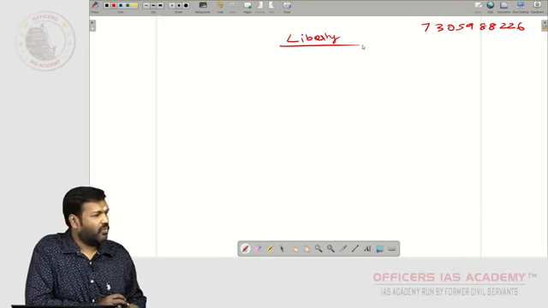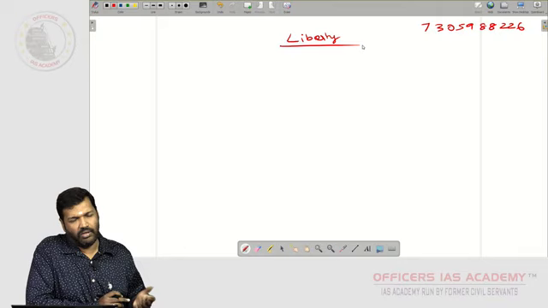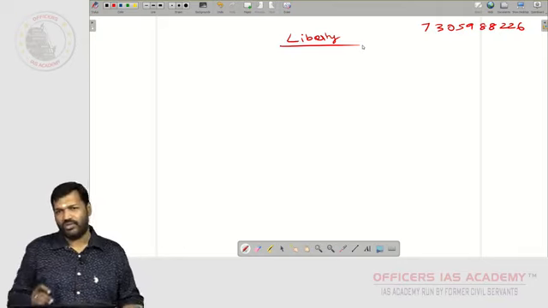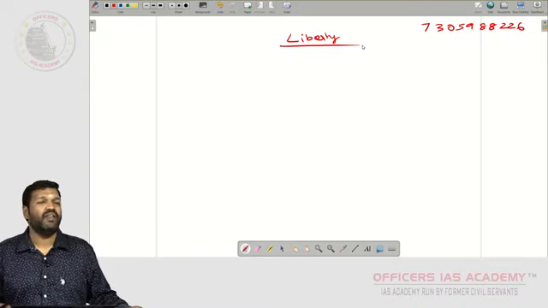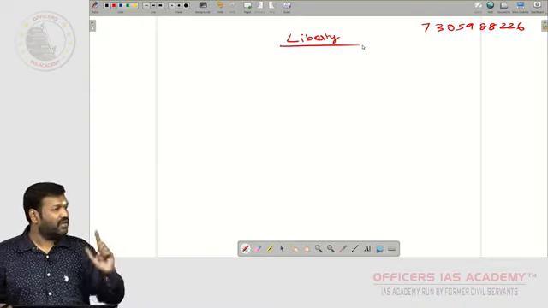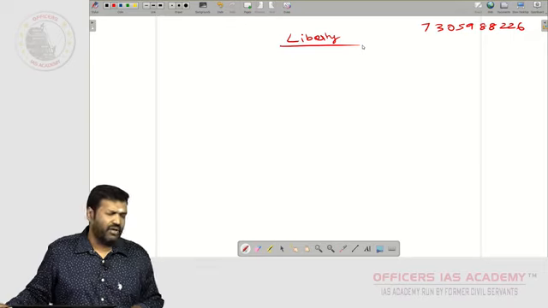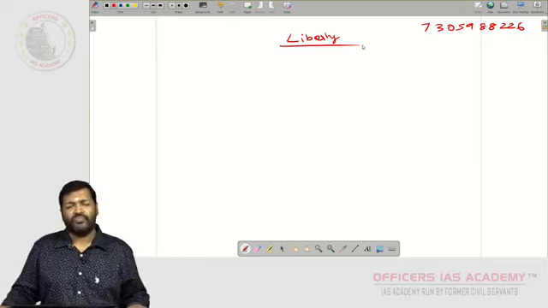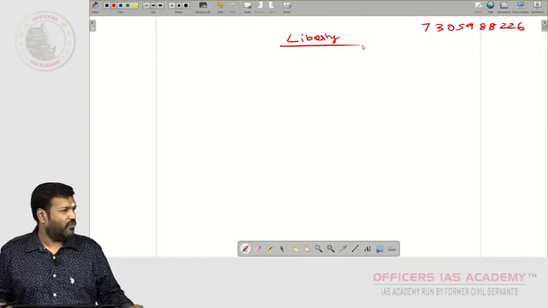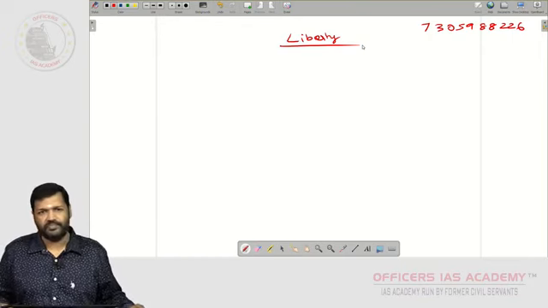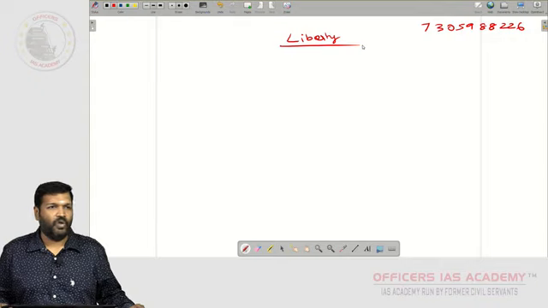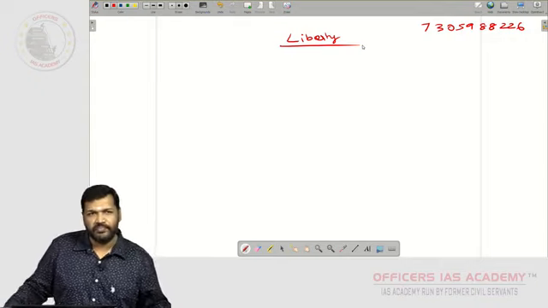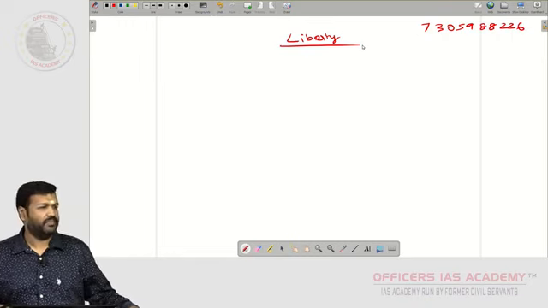In Tamil we would say both are one and the same, but in political science literature, is there any difference between the word liberty and freedom? Many thinkers have used liberty and many have used freedom. Do you find any difference, any one of you? Or do you also take the point of view that both are one and the same?